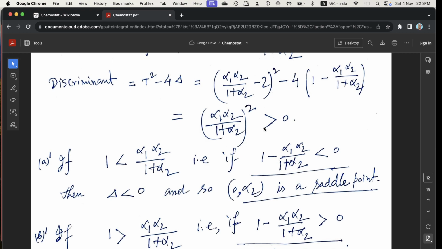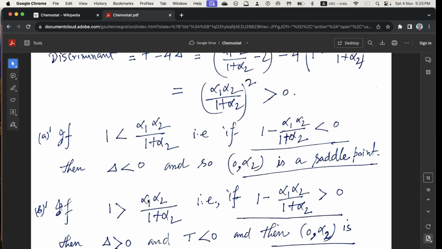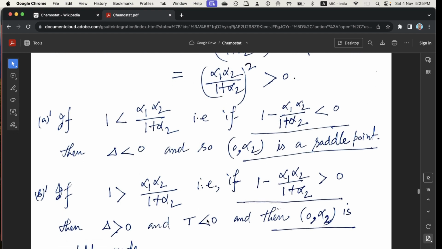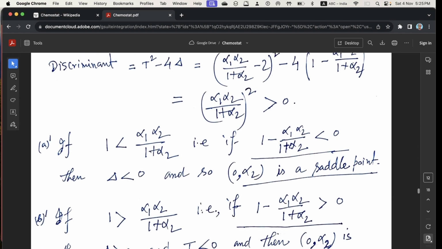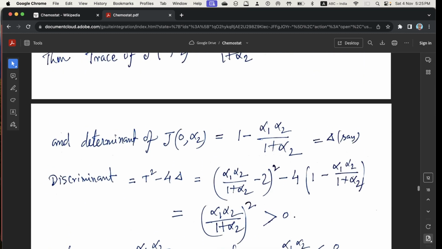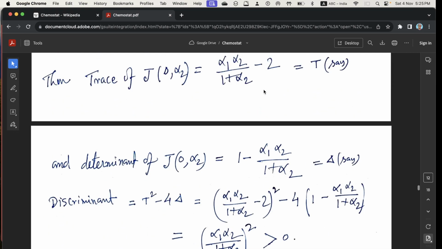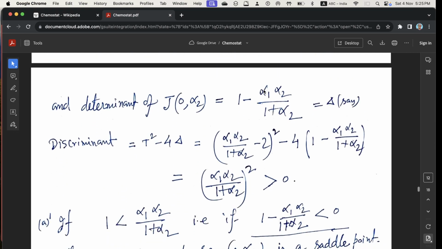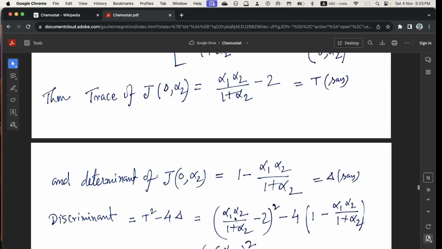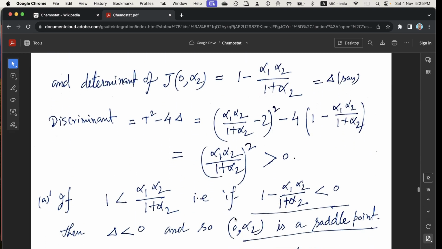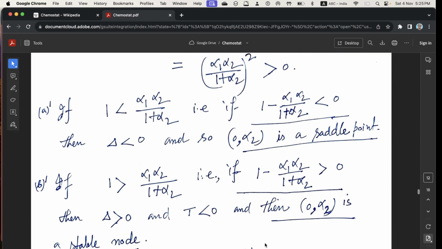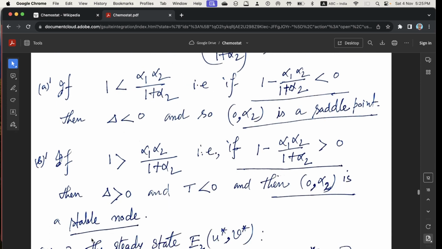The discriminant is here positive, and if 1 is greater than alpha 1 alpha 2 by 1 plus alpha 2, that is, delta is positive, and T is negative, because 1 is less than this quantity. So T is negative, then 0 alpha 2 is a saddle node.